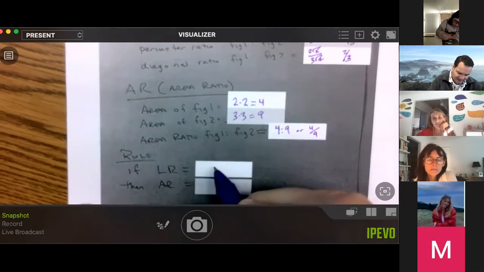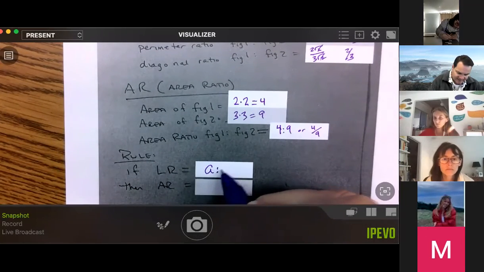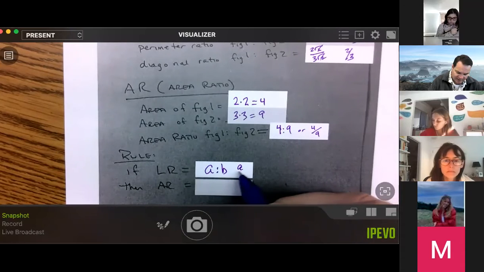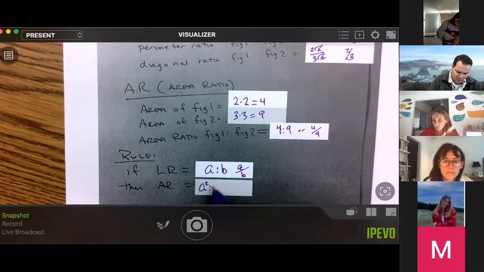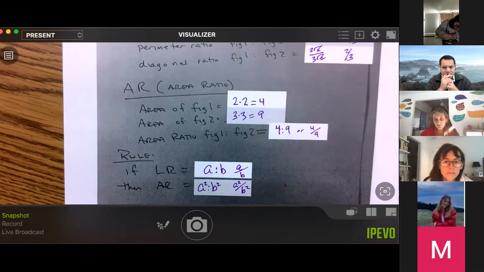The rule is if the length ratio is A to B or A/B, then the area ratio is A²/B². And we're going to do some practice problems to get you comfortable using that.